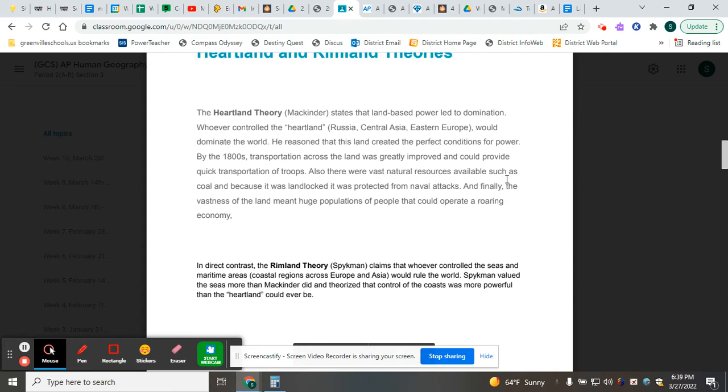By the 1800s, transportation across the land was greatly improved and could provide quick transportation of troops. Also, there were vast natural resources, such as coal, and because it was landlocked, it was protected from naval attacks. And finally, the vastness of the land meant huge populations of people that could operate a roaring economy.